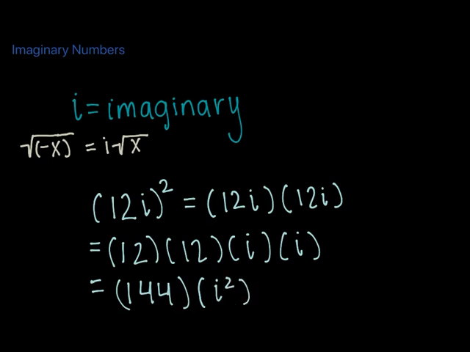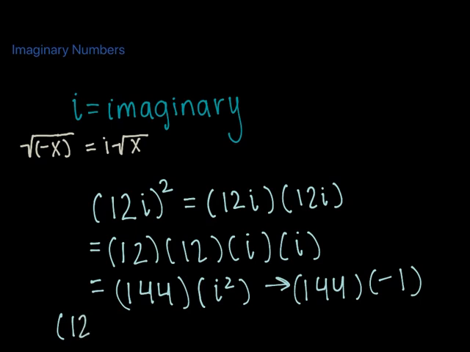times I squared. Well, we know that I squared is -1, as we previously derived that, so we can rewrite this as 144 times -1. So from multiplying 144 times -1, we would get -144.